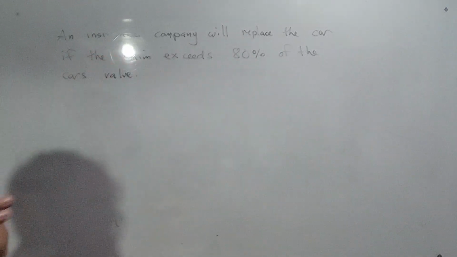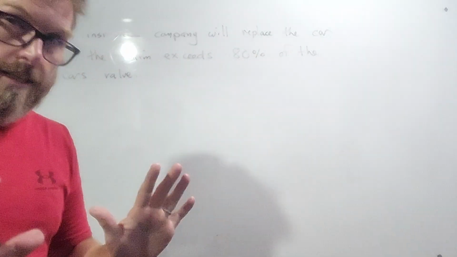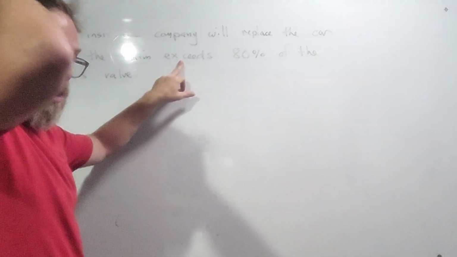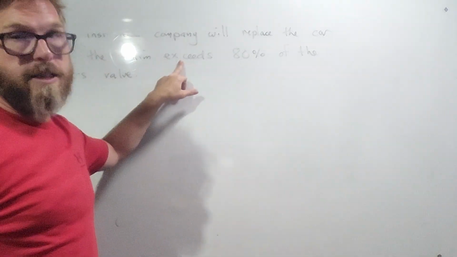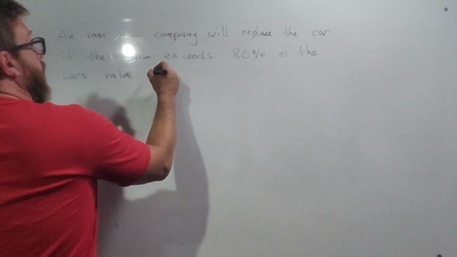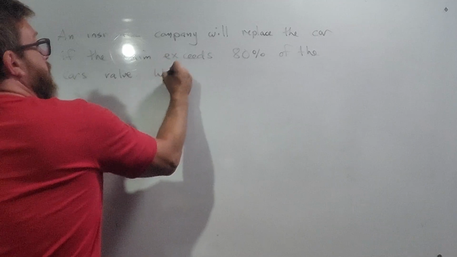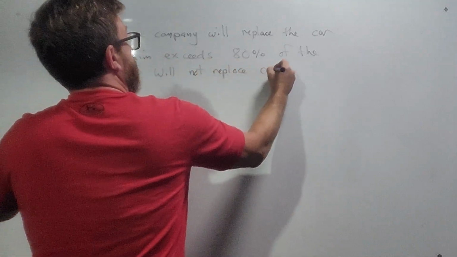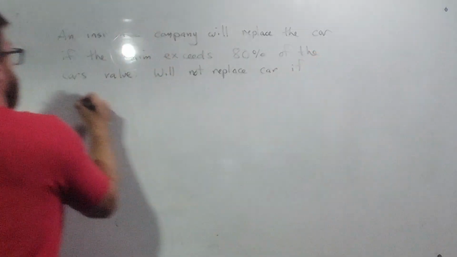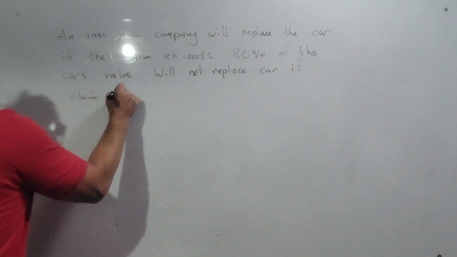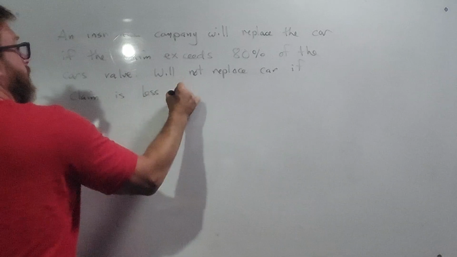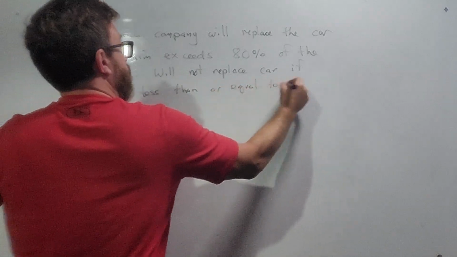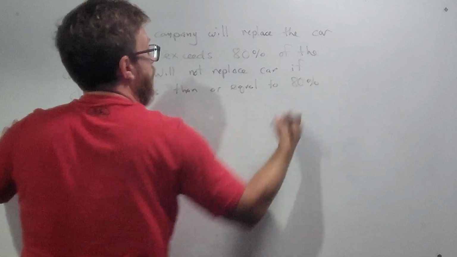Now, equivalently, exceeds means strictly greater than 80%. So it's not going to replace your car if it's less than or equal to 80%. So I can also say it will not replace the car if the claim is less than or equal to 80% of the car's value.